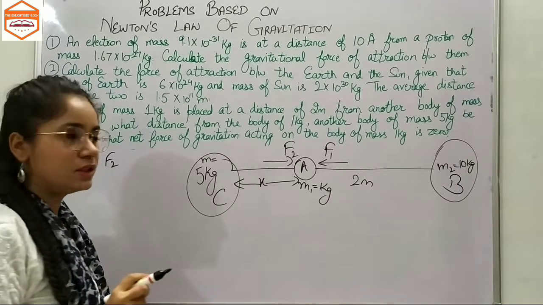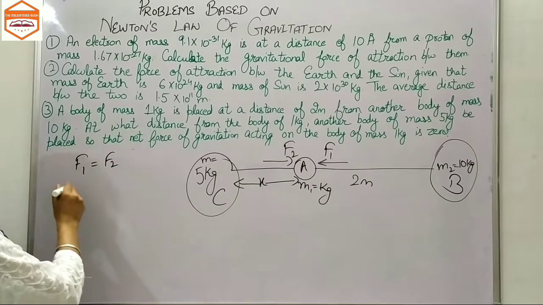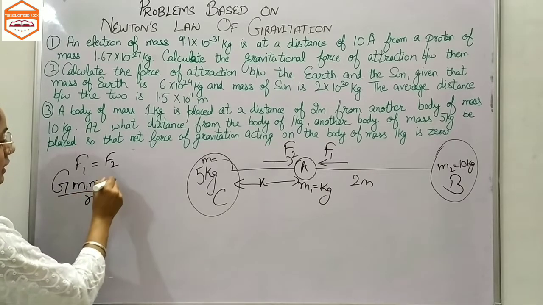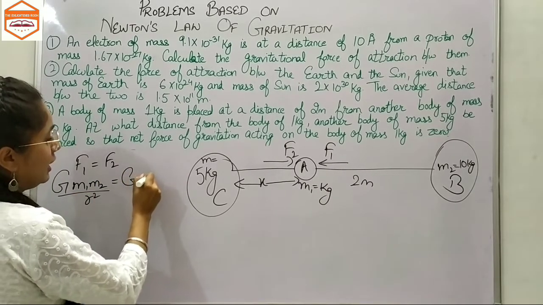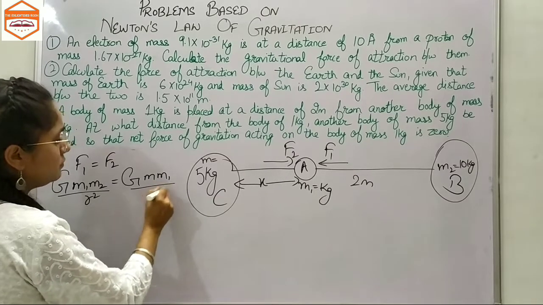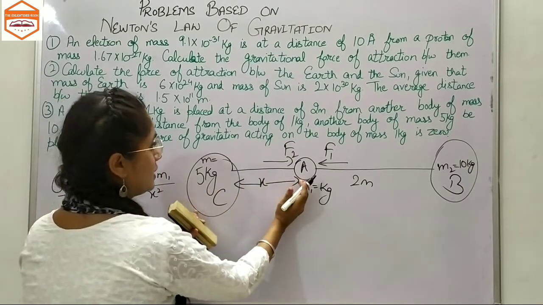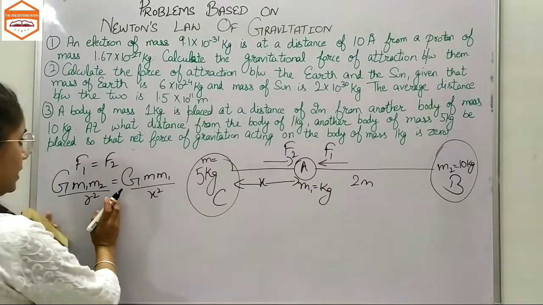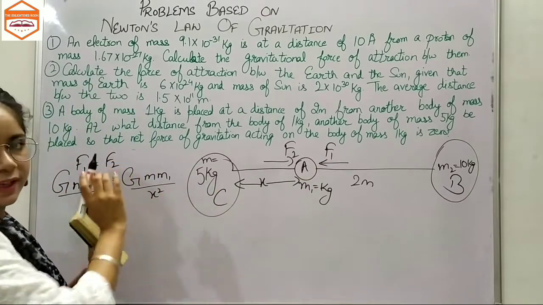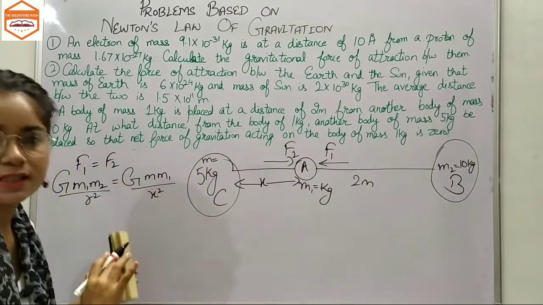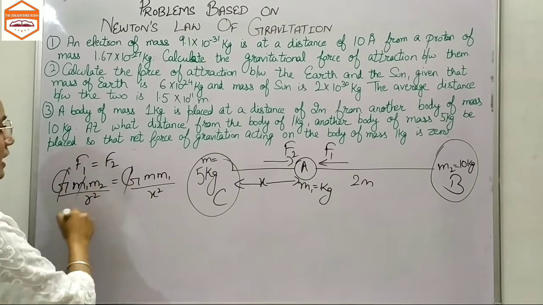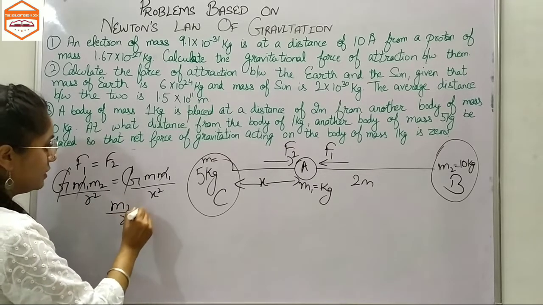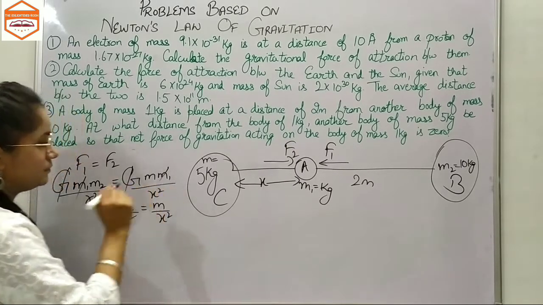Now F1 is G m1 m2 over r squared and F2 is G m1 m3 over x squared. F1 part is here, F2 part is here. As we are equating these two sides, G and G would cancel, m1 and m1 would cancel. We will get m2 over r squared equals m3 over x squared.